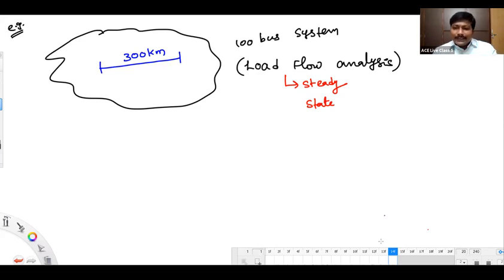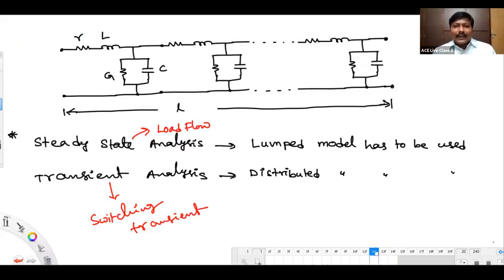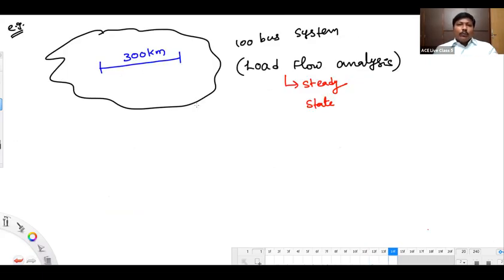While doing steady state analysis, I already said a restriction that the line should be kept in the lumped model. As the length of the line is more than 160 kilometers, according to the suggestions made by people, we should keep that line in the distributed model.